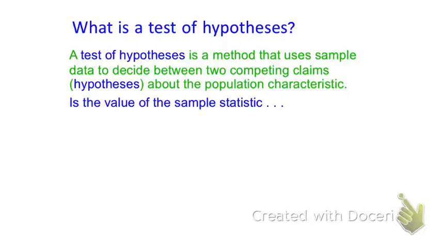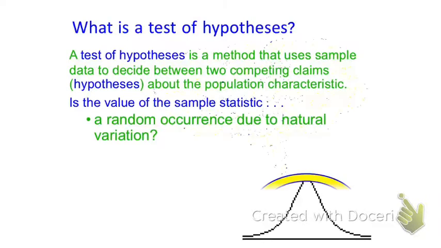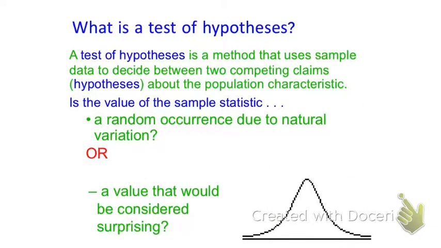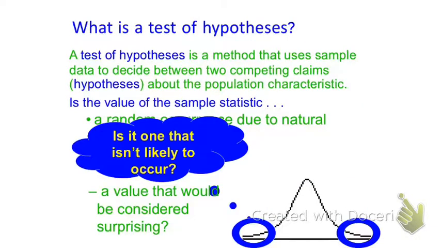Essentially, is the sample that we take something that's likely to occur? Is it close to our population claim, or is it something really different?